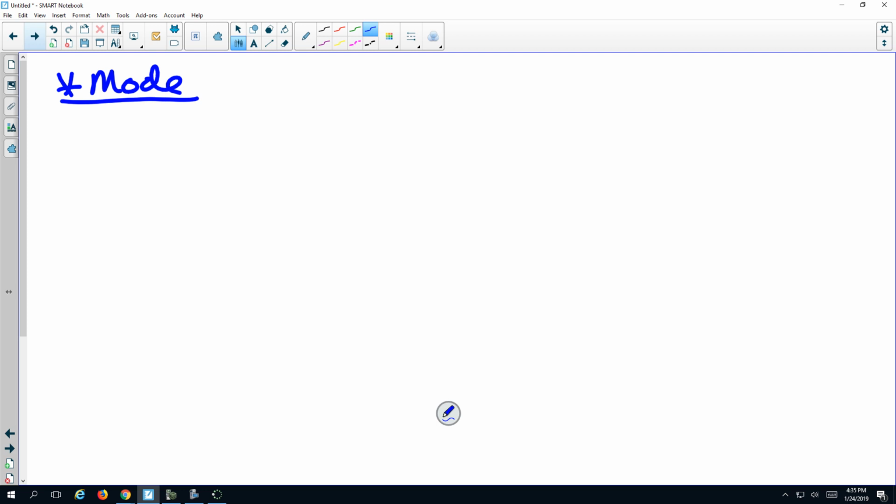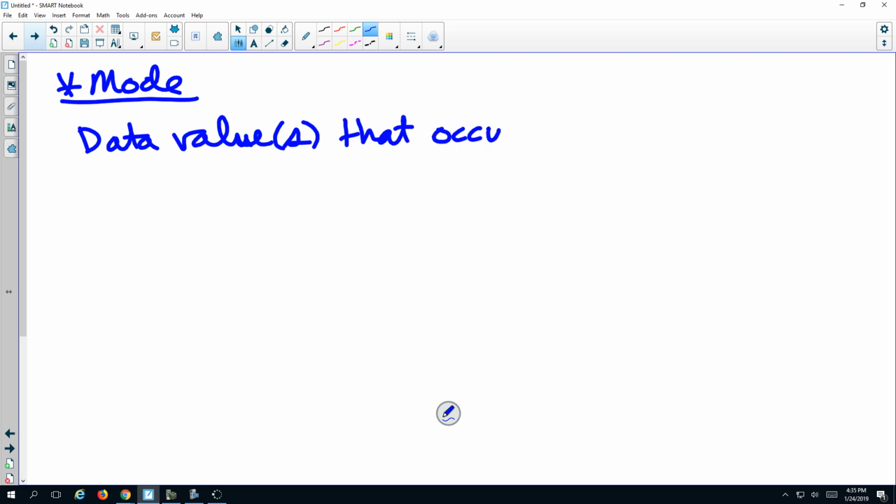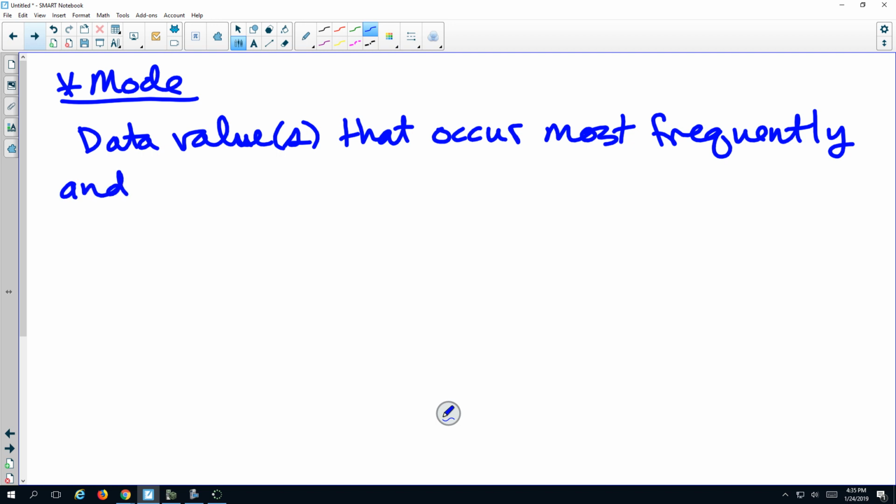Mode? Mode is the data value or values that occur most frequently and at least twice.